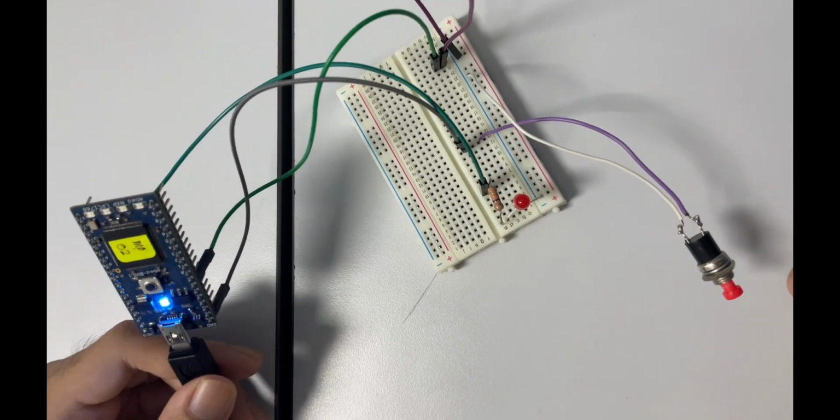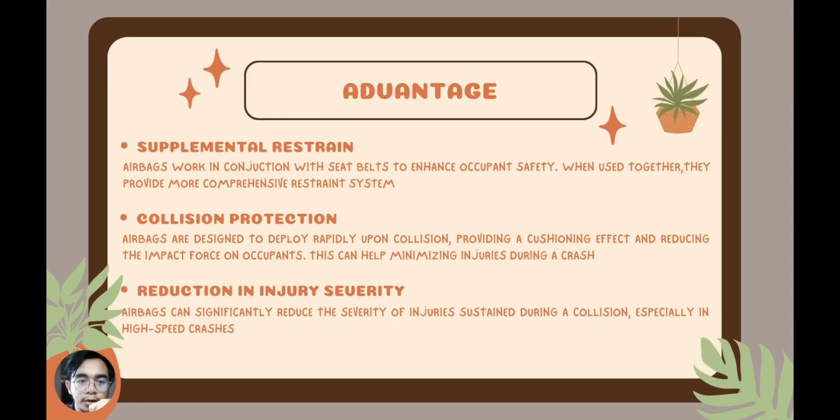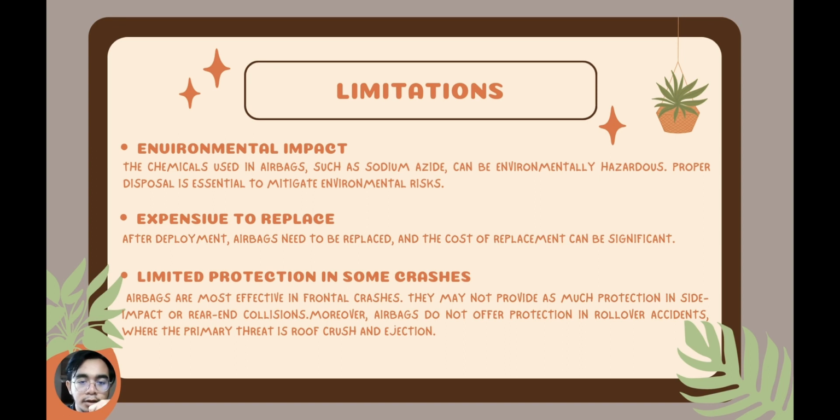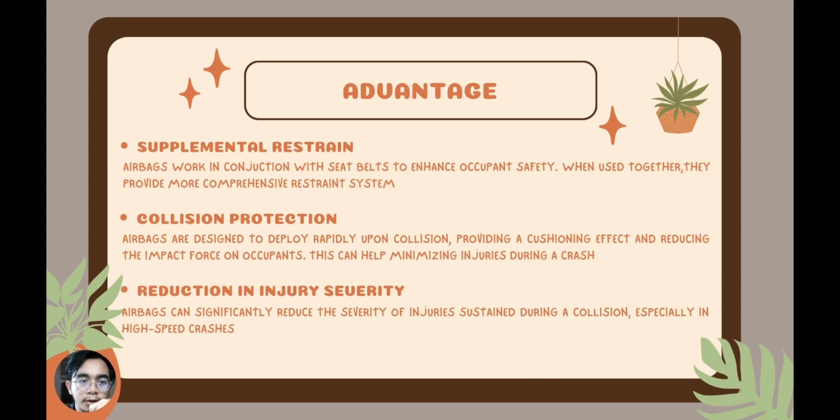So for my part, I will talk about advantages and limitations. For the advantages, the first one is supplemental restraint. Airbags work in conjunction with seatbelts to enhance occupant safety. When used together, they provide a more comprehensive restraint system. The second one, collision protection.